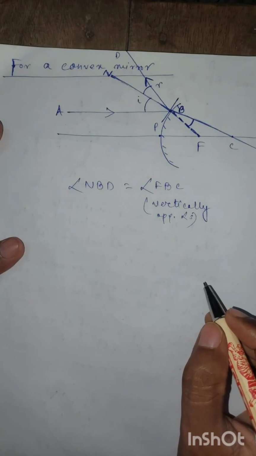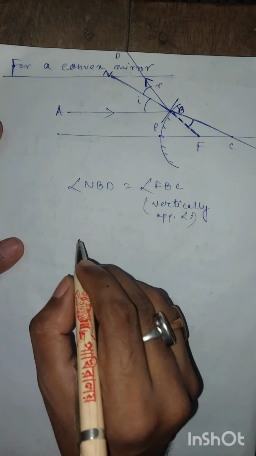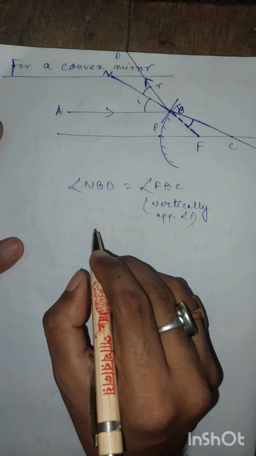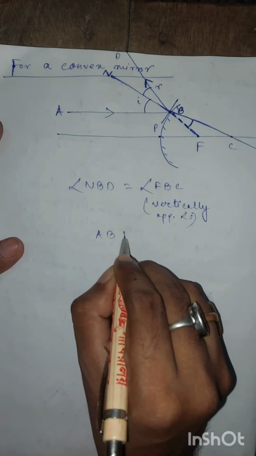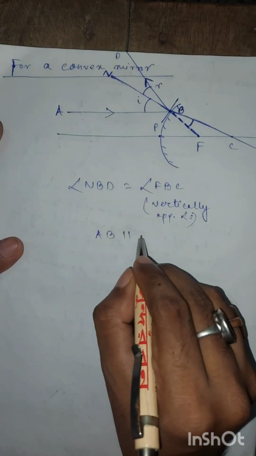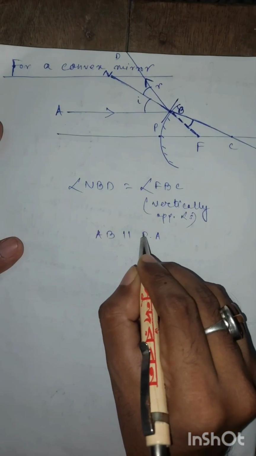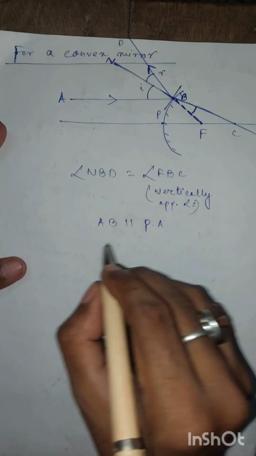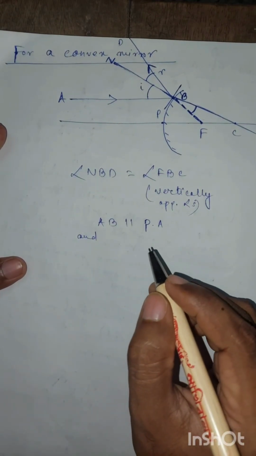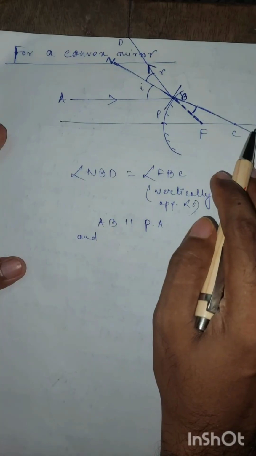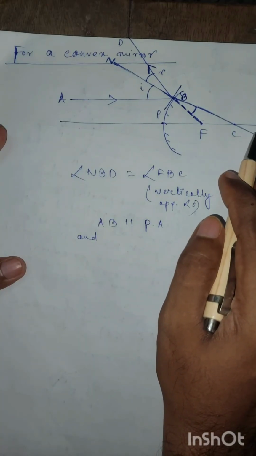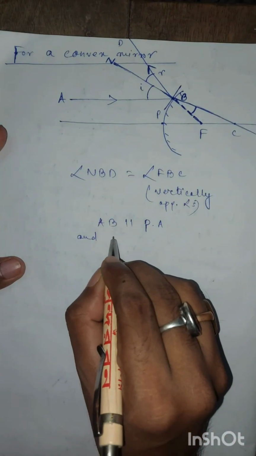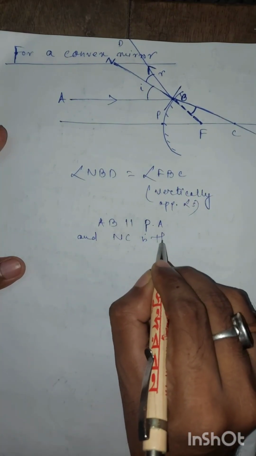Now AB is parallel to the principal axis, and NC is the transversal.